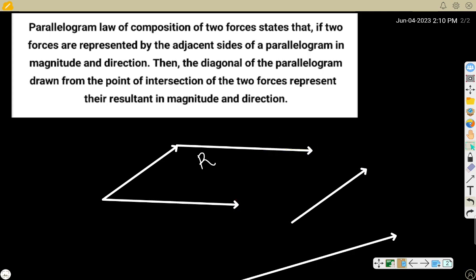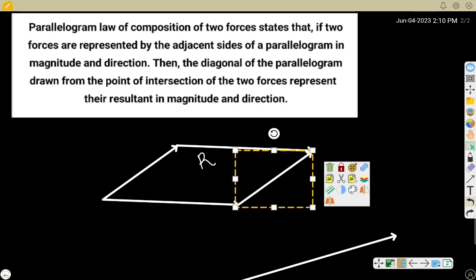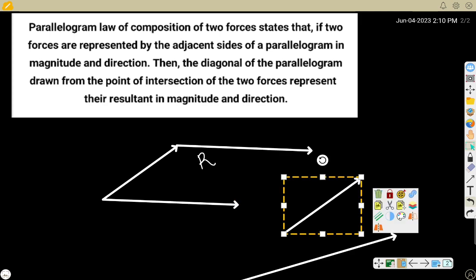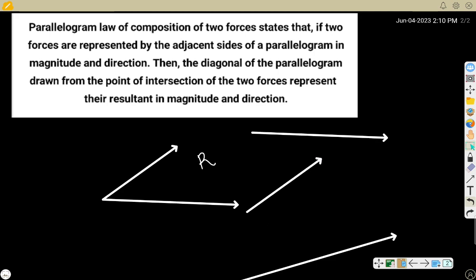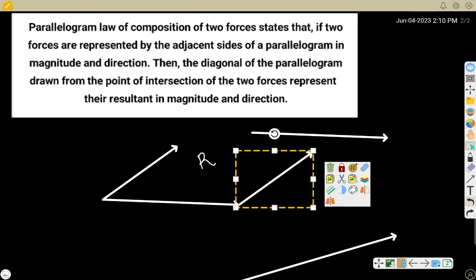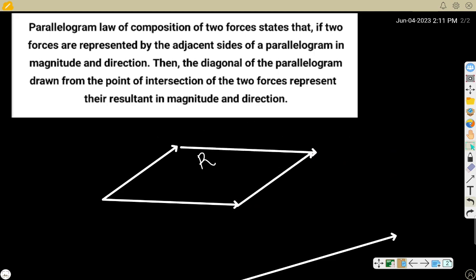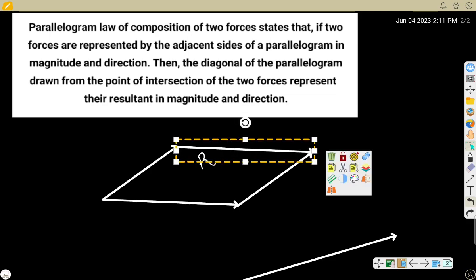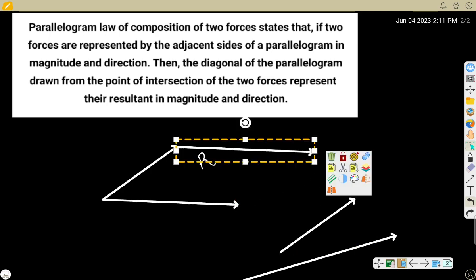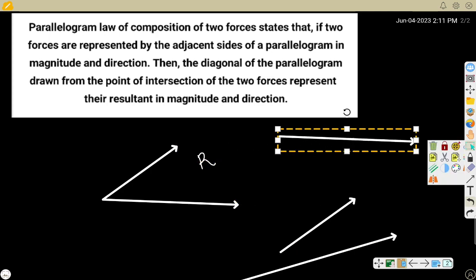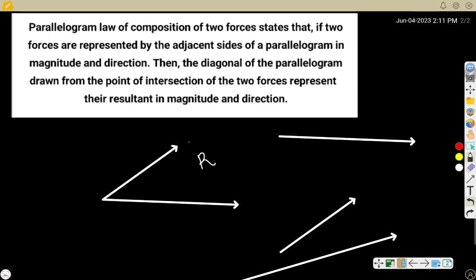So meaning this one is parallel. So look at it now. I move this one here, so it's parallel to that one. Move this one too here. It's parallel. So it has formed a parallelogram like this. So if you remove the two, then it is now the adjacent sides of the parallelogram. So these are the adjacent sides of the parallelogram.